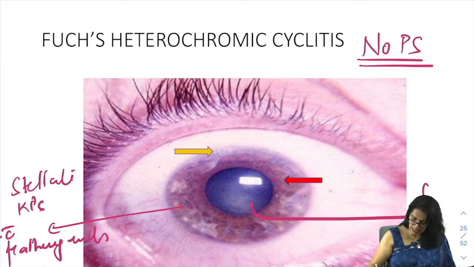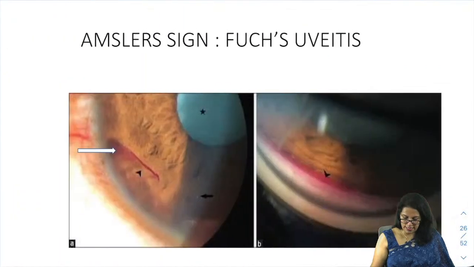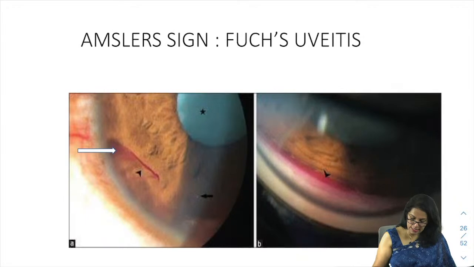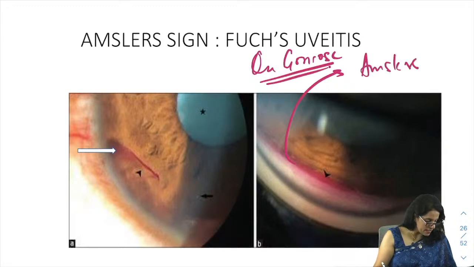Then posterior subcapsular cataract. And of course, heterochromia iridis. That is very important. What do you see here? We are seeing bleeding on paracentesis, which is also seen on gonioscopy here. This is what is called Amsler's sign.